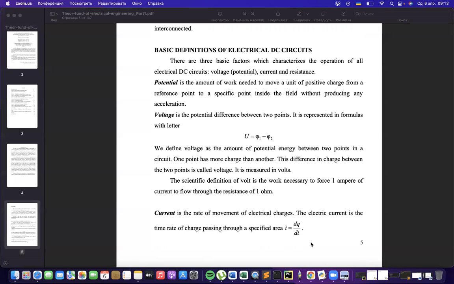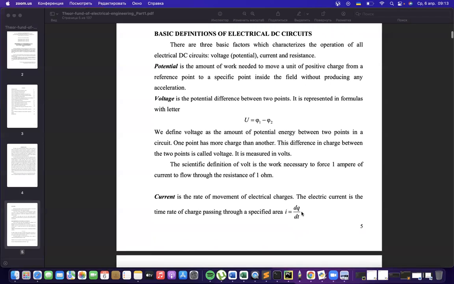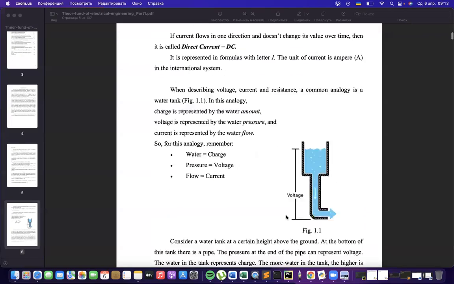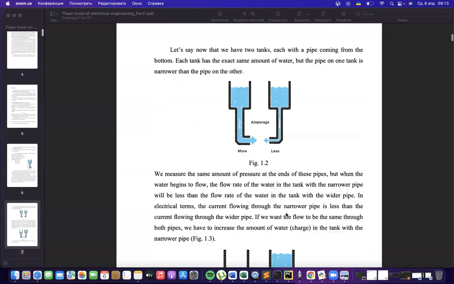The second main function is current, the derivative of charge by time, the moving charge in some conduction medium, and the amount of this moving charge per time is current.